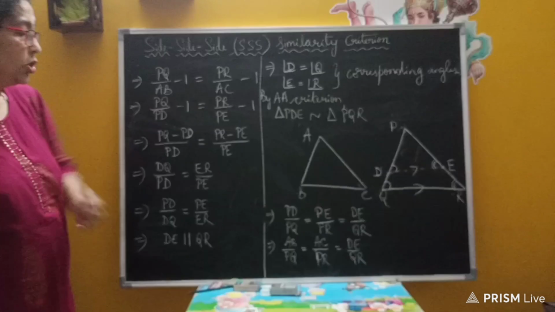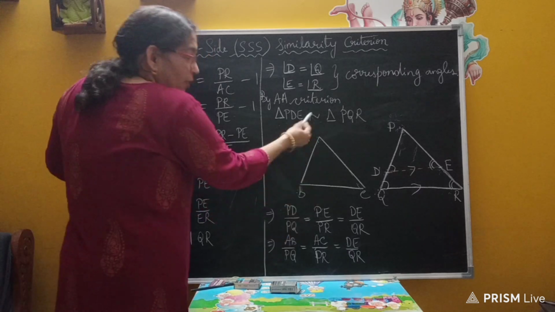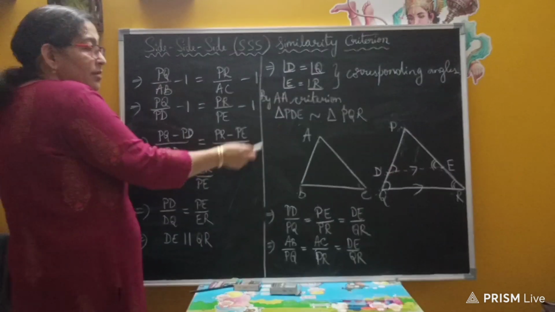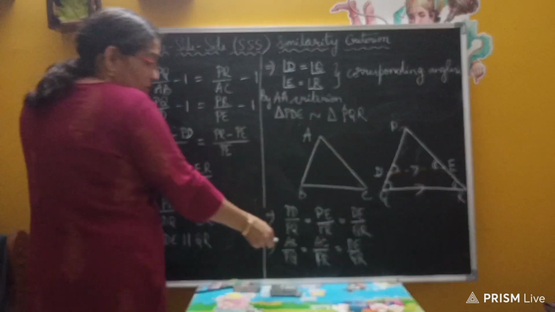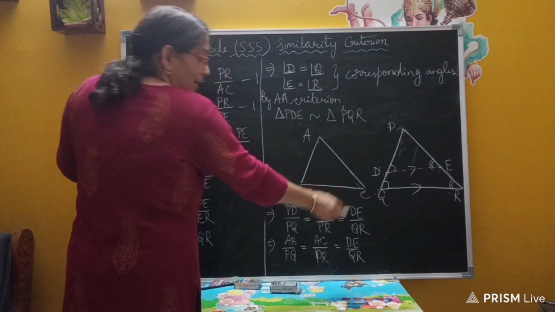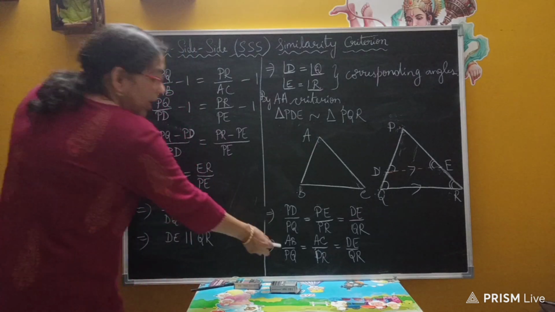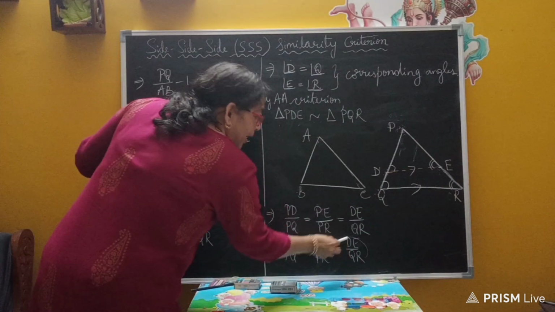These are in the same ratio. Compare with the given part now. What is given in the statement? Sides are in the same ratio: AB by PQ is equal to AC by PR is equal to DE by QR. Compare with that now. Only this part is different.